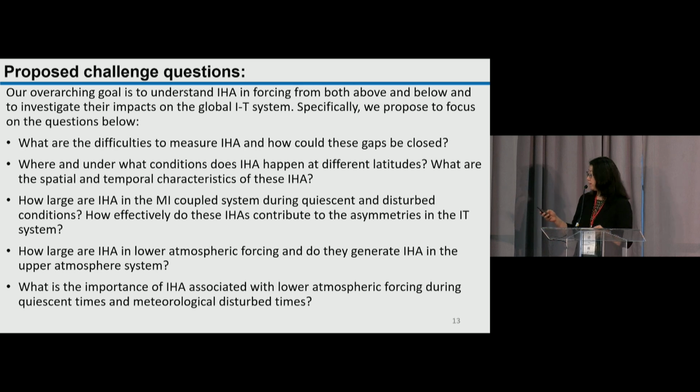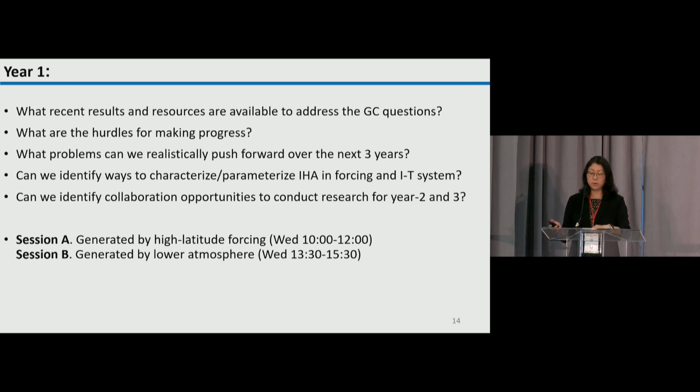And we have specific questions we'd like to address, like what are the conditions under which asymmetry happens more often, what are the spatial and temporal features, how big is the asymmetry from magnetosphere forcing, how big is it from atmospheric forcing, and what is the relative importance of those different forcings? That's a big question.